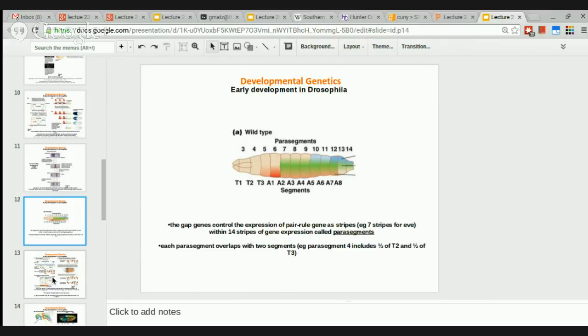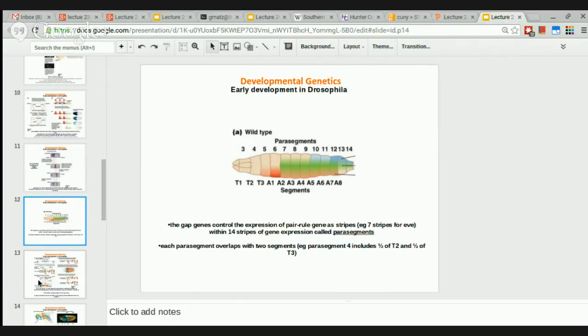In other words, gap genes are a regulator of transcription and expression of the next category in the hierarchy called pair rule genes. For example, even skipped forms 7 stripes in the embryo within 14 stripes of gene expression called parasegments. We have 14 parasegments. And that's under the control of gap genes, and I'll tell you a little bit how this works. And each parasegment overlaps with 2 segments.